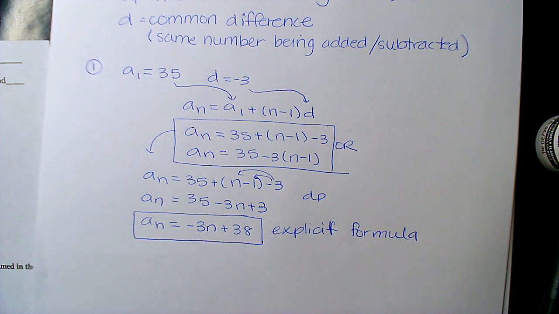Your 38 is bigger than your first term 35, but by subtracting 3 on the first shot, what's 38 take away 3? 35. You're back to your first term. So if you ever want to, you distribute it, clean it up, and if you happen to come up with that on your own, or if it makes sense, that's perfect.